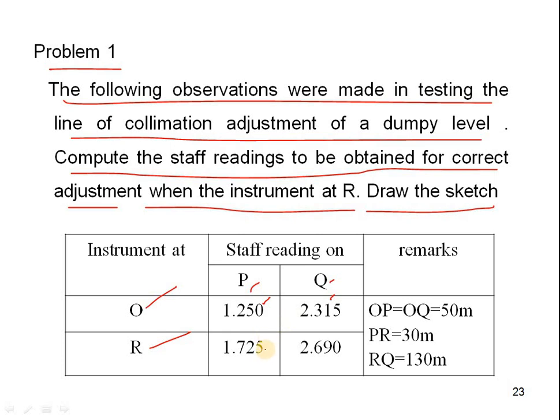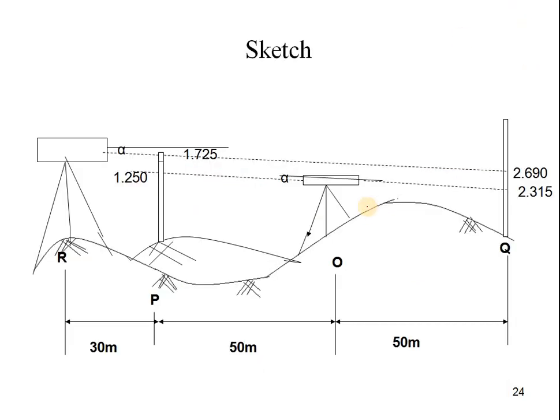With the instrument at R, the staff reading on P is 1.725 and on Q is 2.690. Remarks: OP is equal to OQ is equal to 50 meters, PR is equal to 30 meters and RQ is equal to 130 meters.